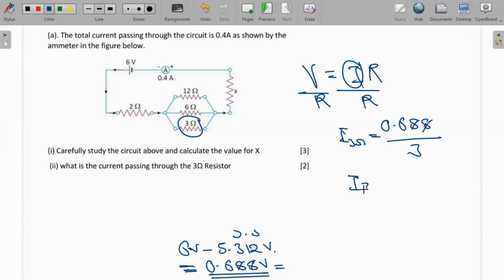So what will be the current? 0.229 amps. That is the current on the 3 ohm resistor.